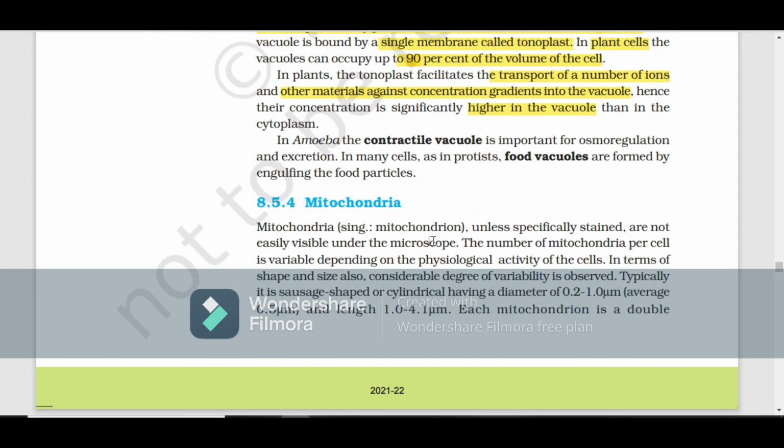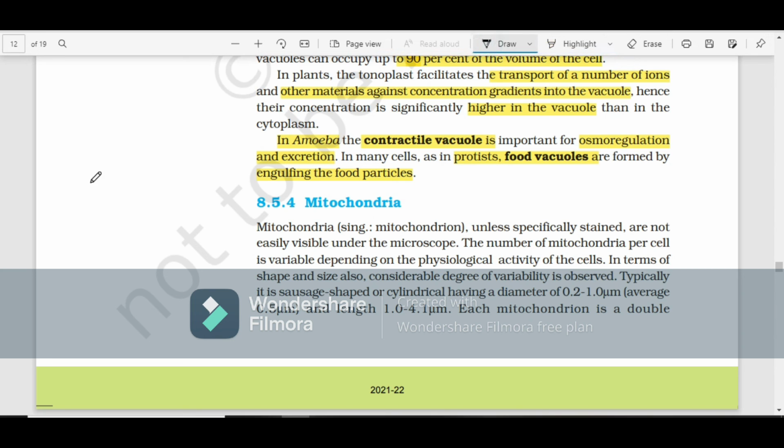In amoeba, you can see the contractile vacuole, which helps in osmoregulation and excretion. While in many cells, as in protists, food vacuoles are formed for engulfing the food particles, right? So we have our amoeba, as well as our protists.